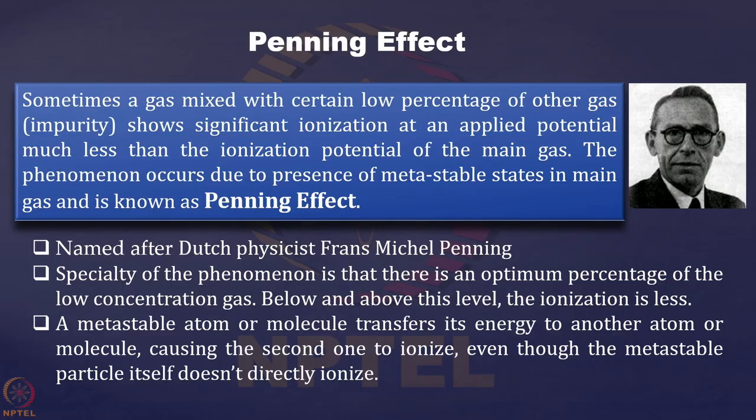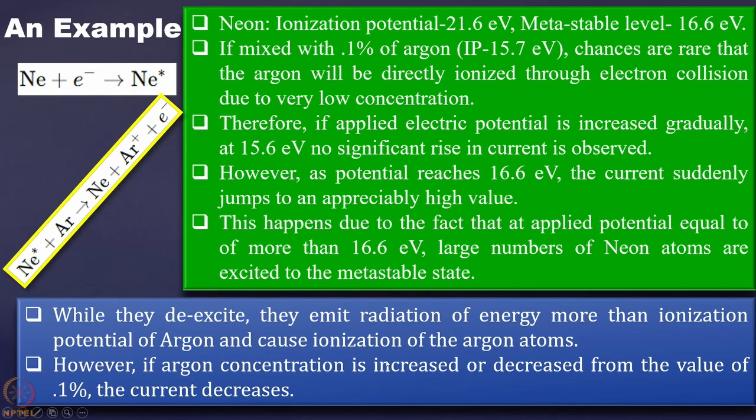Okay, so I'll explain with one specific example, neon. Neon's ionization potential is 21.6 electron volt. This is quite high. This is natural because of the sequence helium, neon, argon, krypton, xenon, radon, where the ionization potential is decreasing.